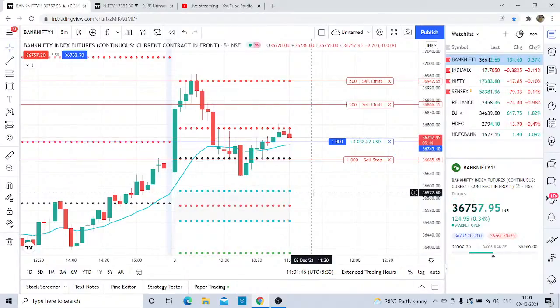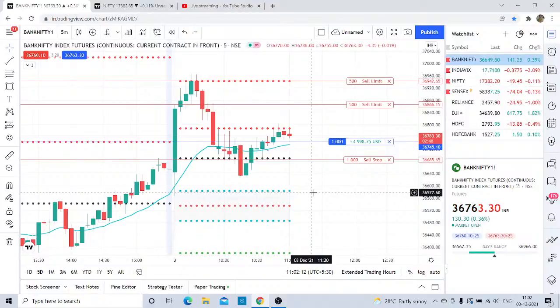Let's see how it will go. It will touch, because it's a high probability trade. If not today's high, at least it has to touch the first candle's high. Otherwise, we have a stop loss.